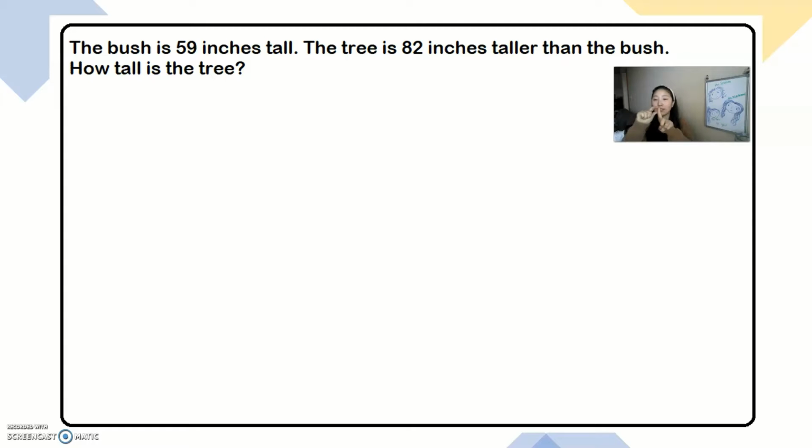My benchmark measurement was about the size of right here. So that's about an inch. So now think about 59 of these. And the tree is 82 inches taller than the bush. So now I want to know how tall that tree is.